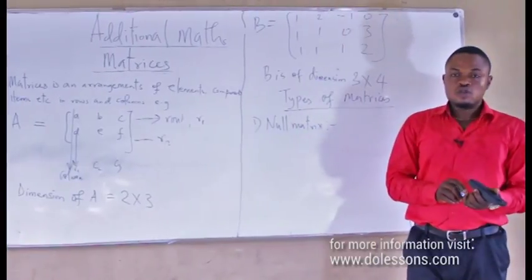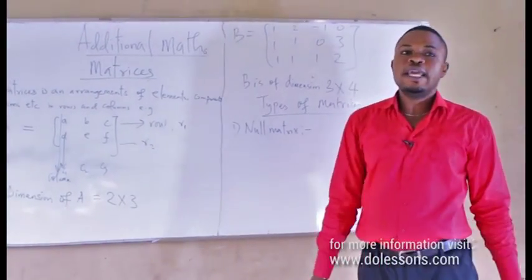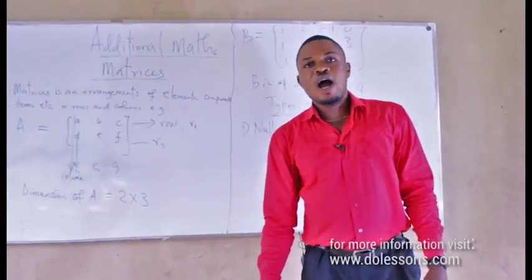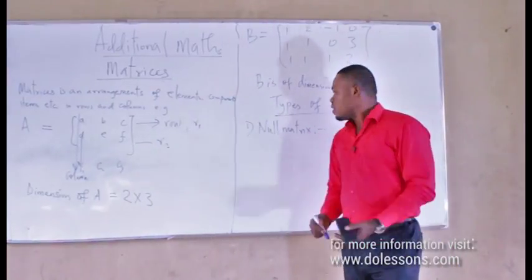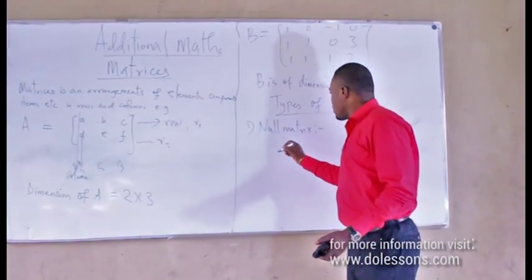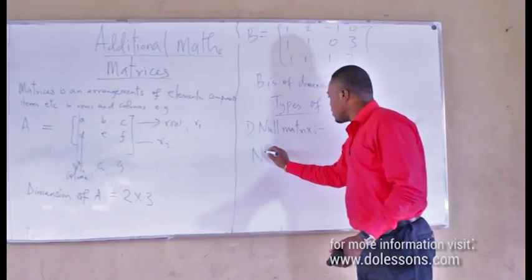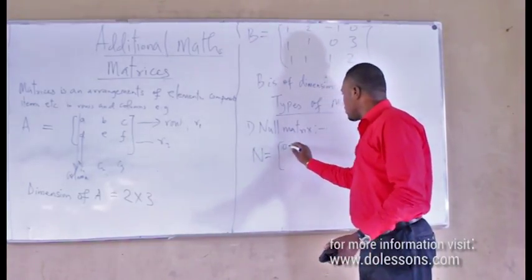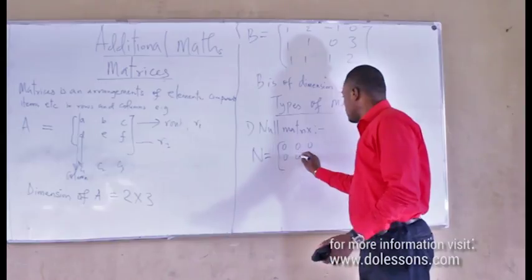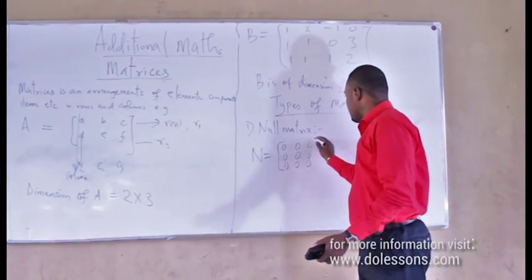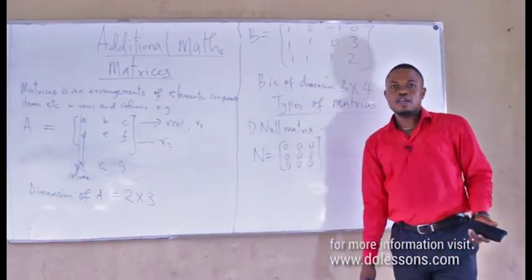A null matrix is one whose elements are all 0. Example, matrix N equals 0, 0, 0, 0, 0, 0, 0, 0, 0. That is a null matrix.